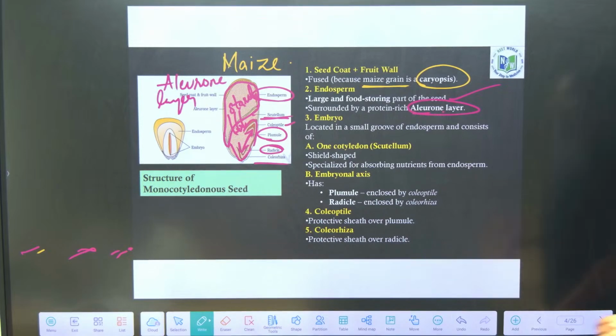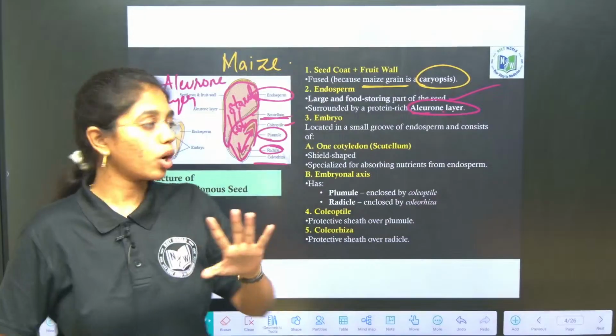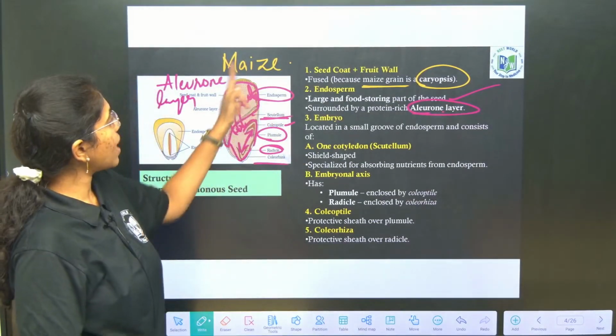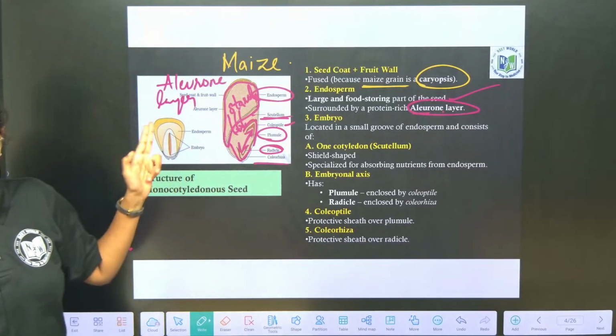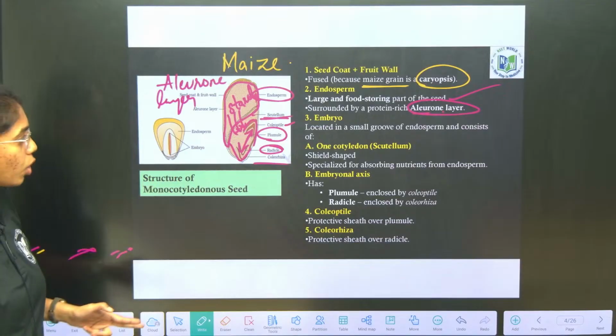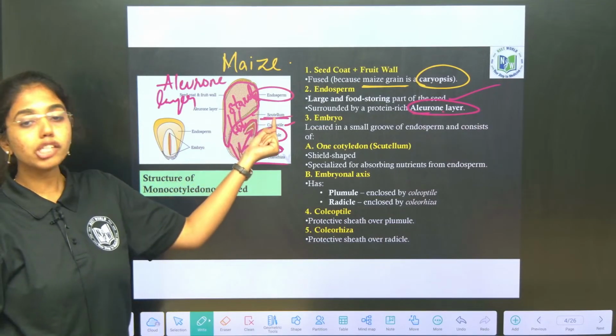Let's get back. So with the monocot seed, you have starchy endosperm covered by the aleurone layer, a protein-rich layer, and the papery scutellum is there.